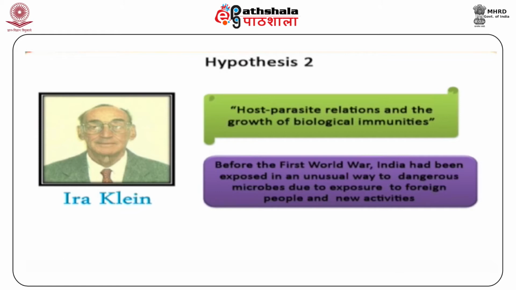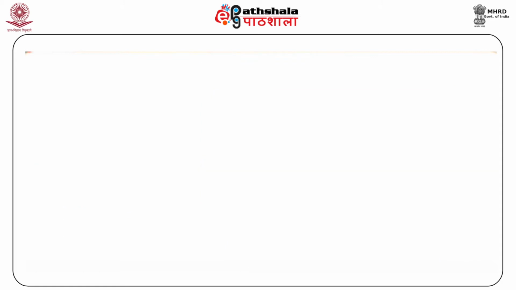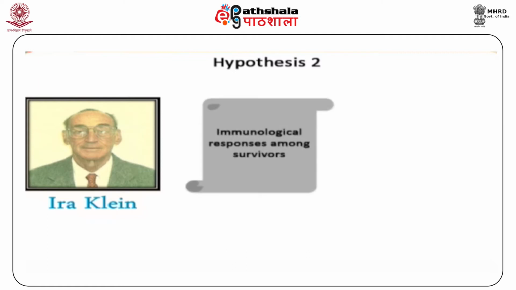One result of this was the spread of infection and death, and another was the development of immunological responses among survivors, which later in the post-war era kept disease fatalities limited.